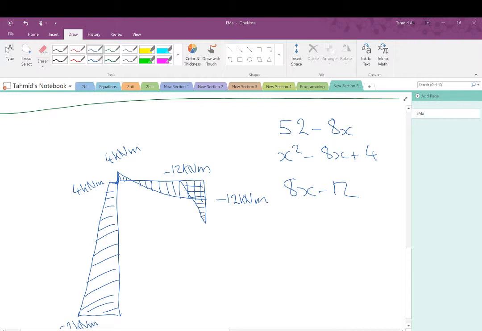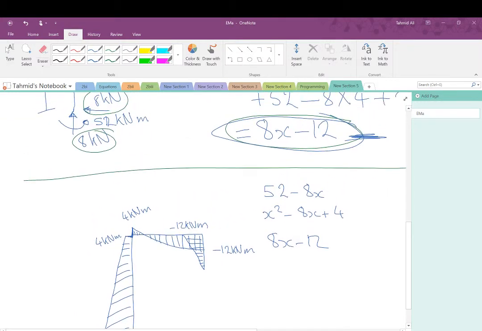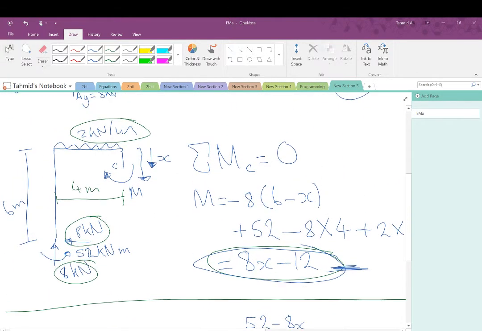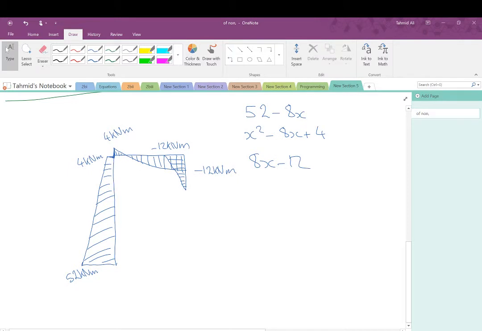Okay. Now remember how I said that if you were to just do, let me see, I think I worked it out. So that's the final bending moment.